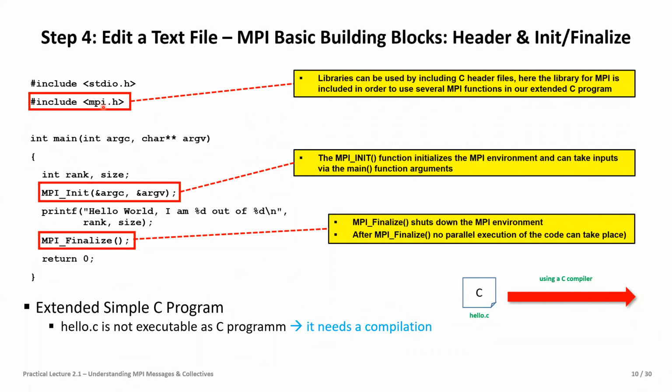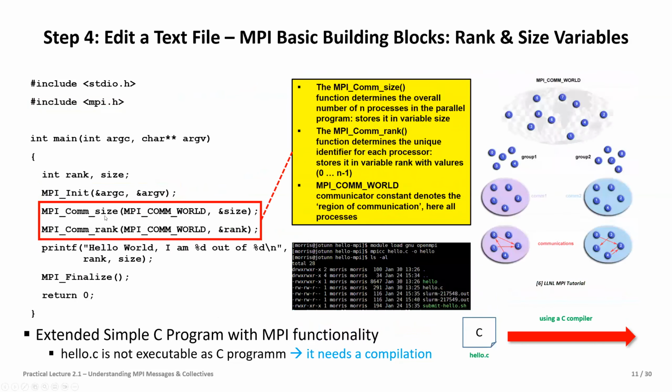This comes with adding the MPI header and MPI_Init and Finalize. Now we're really starting to have the parallel MPI basic building blocks implemented. And then, as I said, comm size and comm rank are probably the functions you always find, together with Init and Finalize, in almost all MPI applications, because this is always needed to find and understand the rank, because I want to work with it.